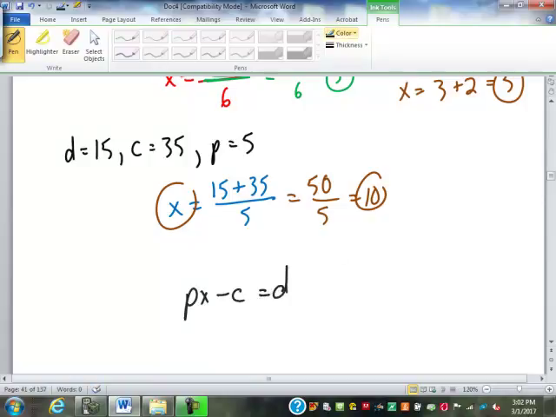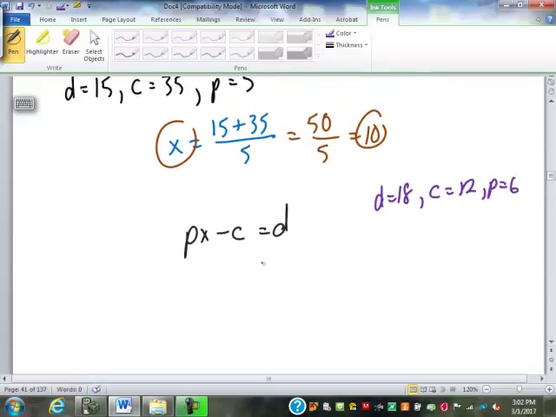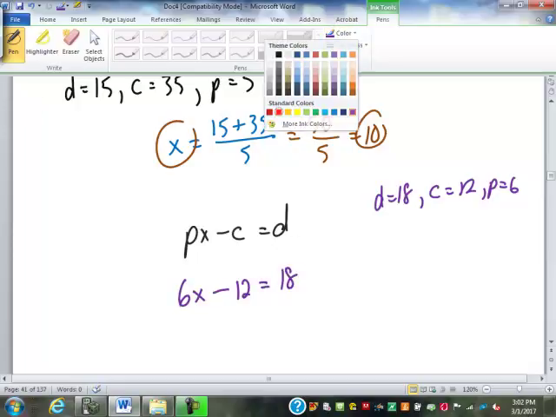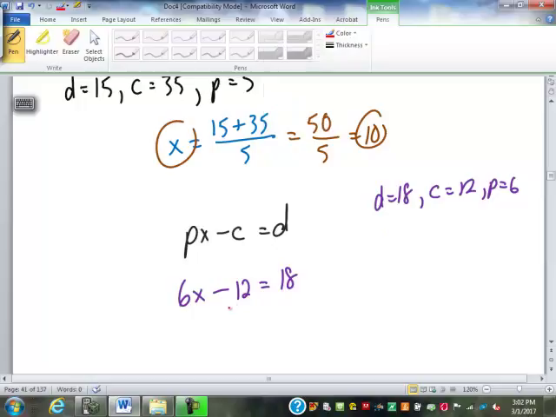So Px minus C equals D. The first numbers we had up here, remember we said D is 18, C is 12, and P is 6. So to put those in, P is 6, so this becomes 6 times x, minus C is 12, equals D is 18. So to solve for x, we've got to solve the equation.